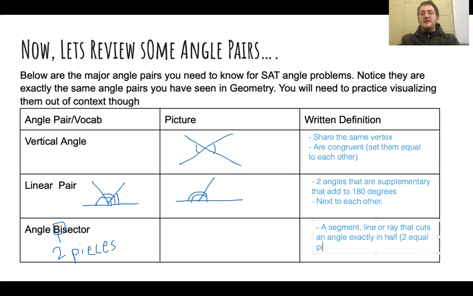So I may have an angle like that and a bisector that cuts it evenly in half. If this is 120 degrees, then this angle has to be 60 and this angle has to be 60 as well. So those are your basic angle pairs that are centered around one intersection.